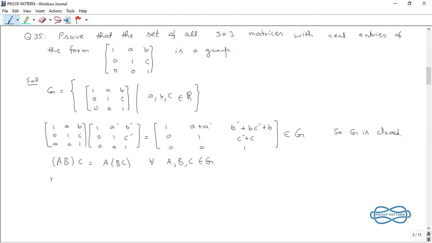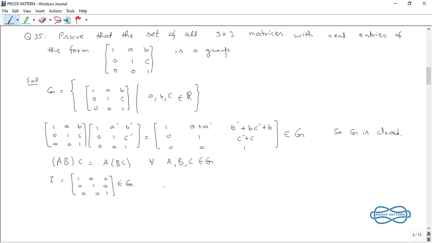And the identity element, if we see, is also of the form of matrices which belongs to G. So this identity also belongs to G.